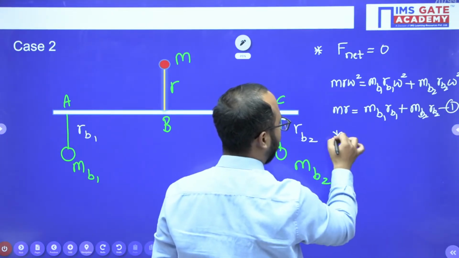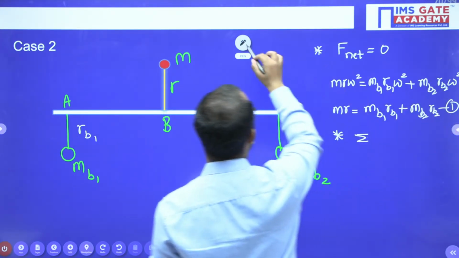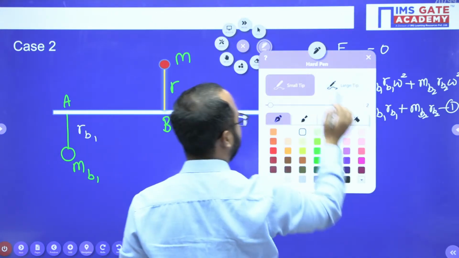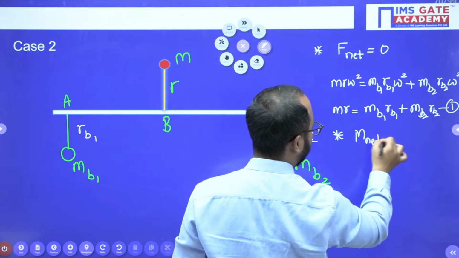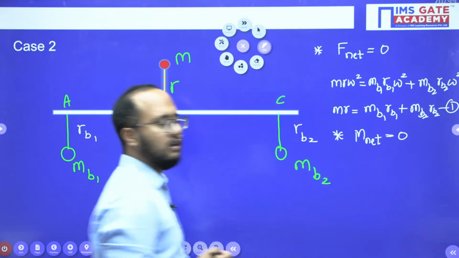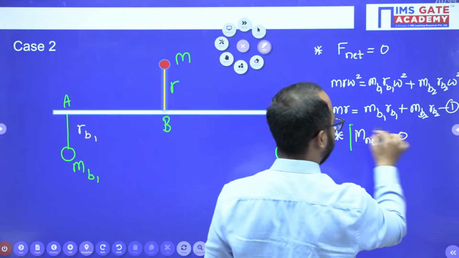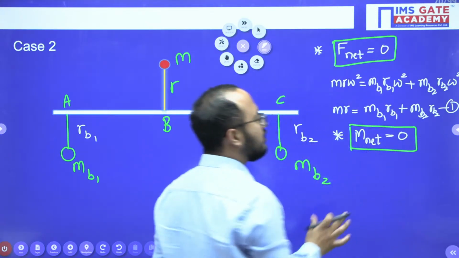Another equation you will have is from the net moment. Again, you can use the summation sign or the net sign, it's your choice. Net moment should be 0. Then only we'll say our system is perfectly balanced. So this is one equation, this is another equation. These two equations will help you a lot.